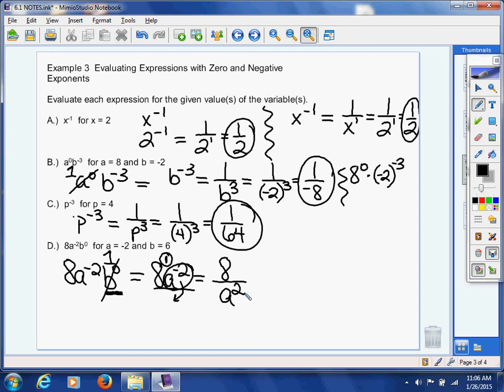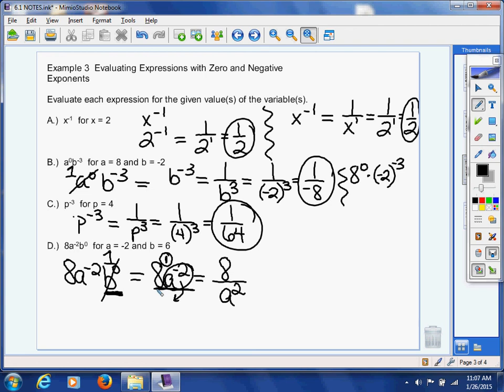Now, if you weren't quite sure what just happened, let me reiterate to you, okay? First of all, we got rid of b to the 0 because we said anything to the 0 power is 1. So just mark it out. It's unnecessary. Multiplying by 1, anything times 1 is itself, okay? That left us with 8 times a to the negative 2. Now, don't get this mistaken impression that 8 and a are both being raised to the negative 2.